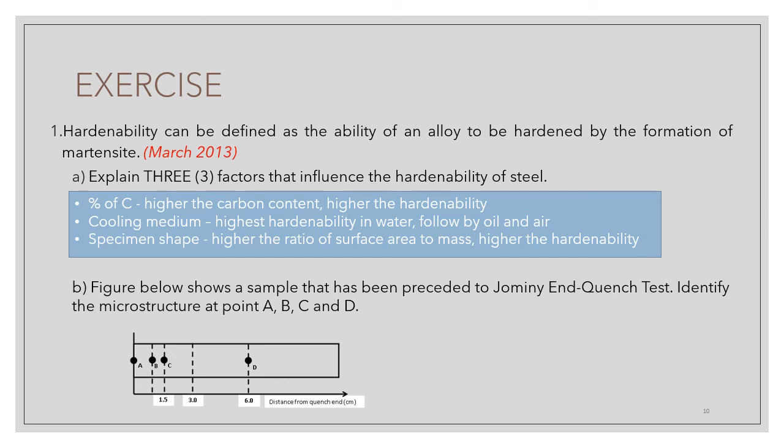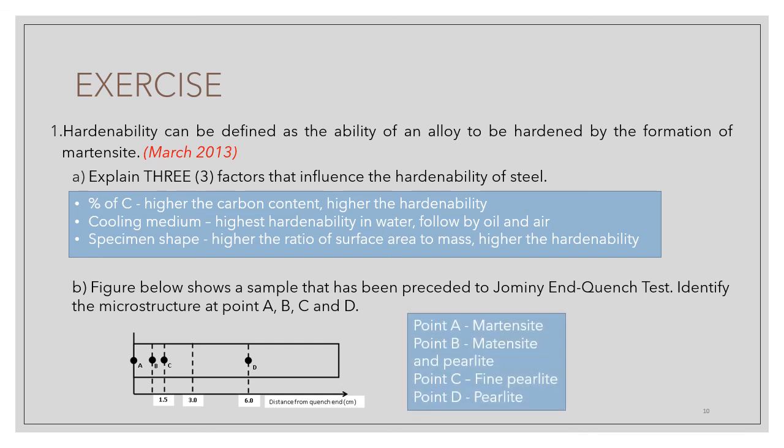Of course, the one that already touched the water is rapidly transforming into martensite, and then point B, martensite plus pearlite. Point C is fine pearlite, and point D is pearlite.